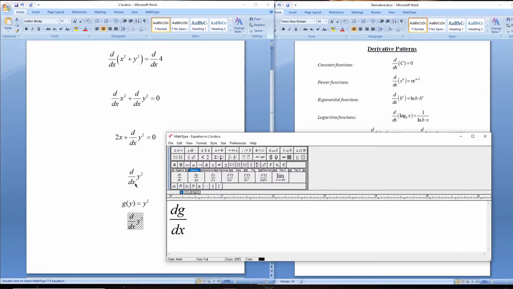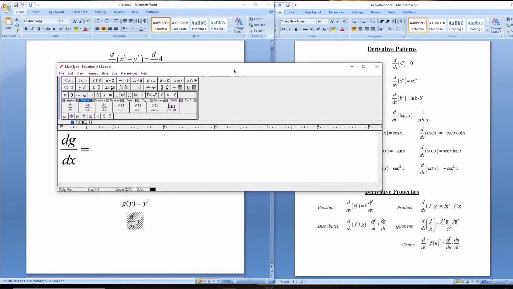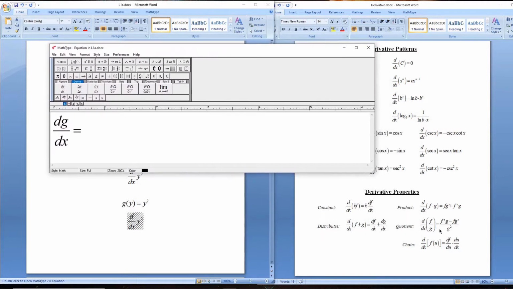And we do ultimately want the derivative with respect to x. So we have this function y squared, and we want to take its derivative with respect to x, a different variable. And we do that with the chain rule. And so the chain rule says, well, we'll now have dg du next. Well, I'm not using f here for this function.